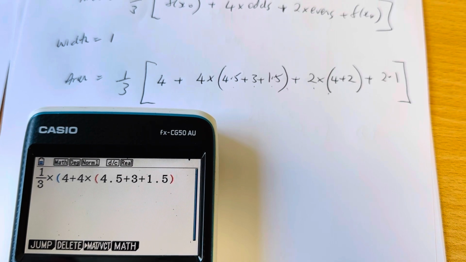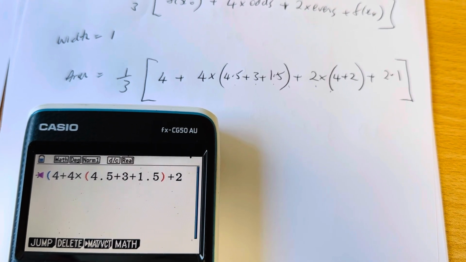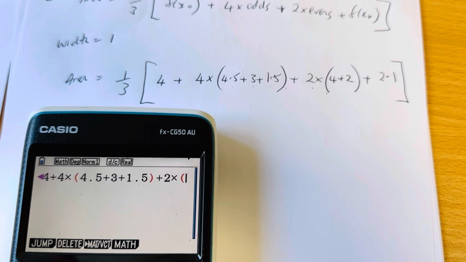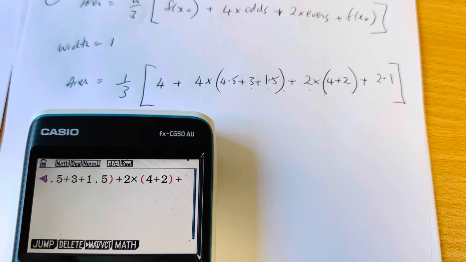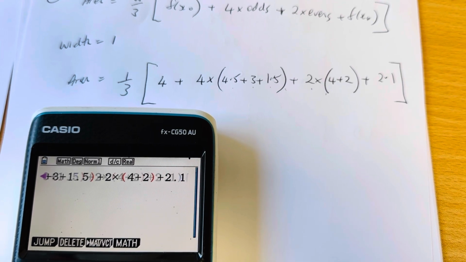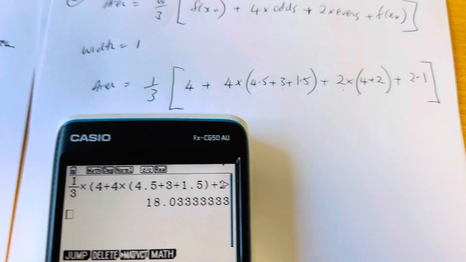You could have done that in your head really. Plus 2 times, in brackets, 4 plus 2, close brackets, plus 2.1, close bracket, execute.